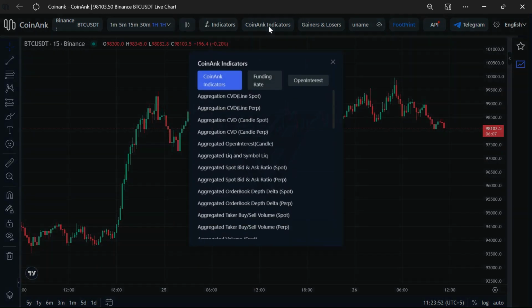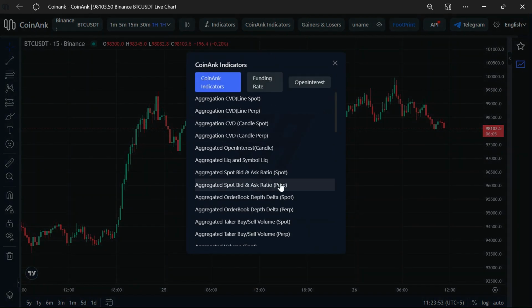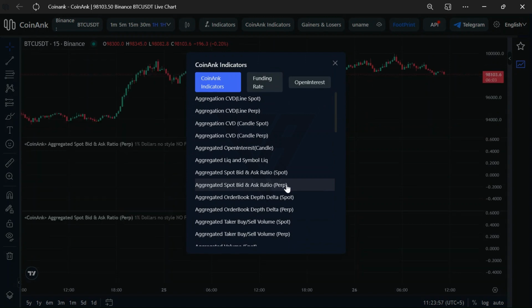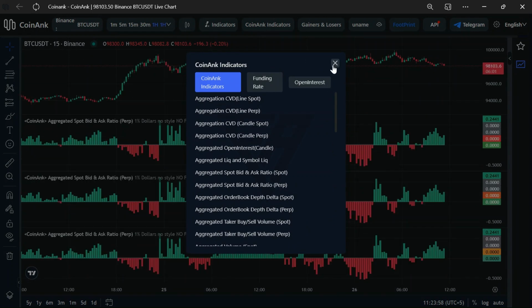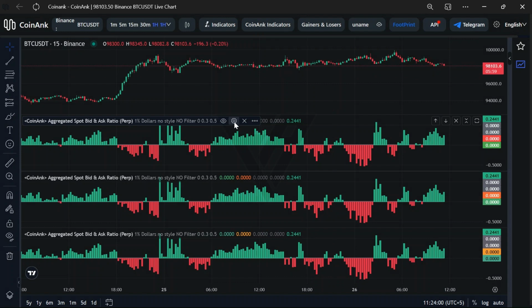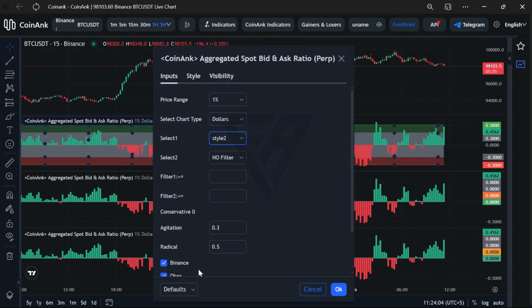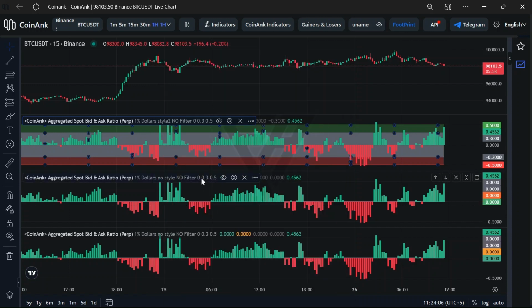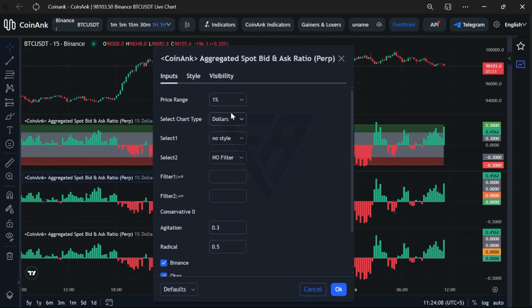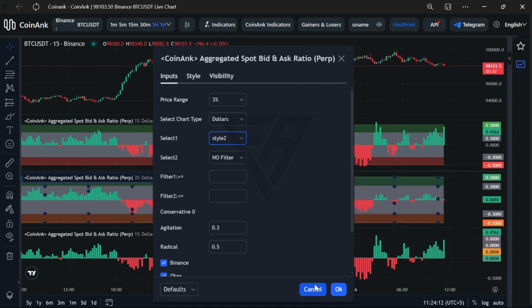Same as the spot bid-ask ratio, you can also use the perpetual bid-ask ratio. It will show order book supply and demand in futures. Also, you can filter by price range and by exchanges. A lower price range will be for short-term view, while a higher price range will be for long-term analysis.